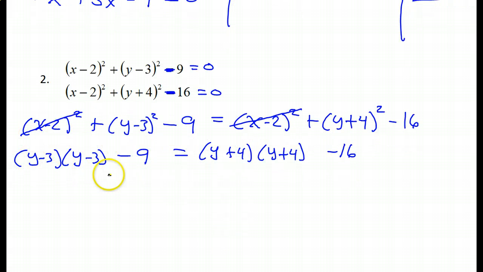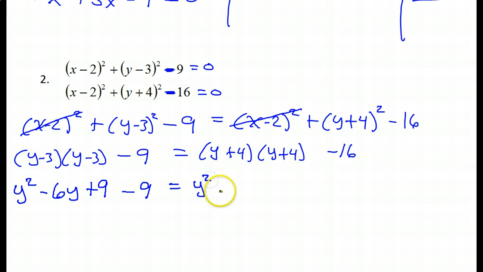If I double distribute this, I'm going to get y squared minus 6y plus 9. Then I've got my minus 9, I just brought that down. If I double distribute this, I'm going to get y squared plus 8y plus 16 minus 16. How convenient.